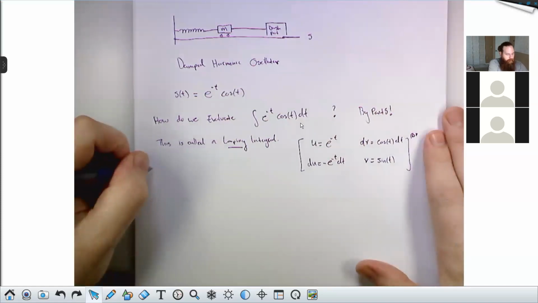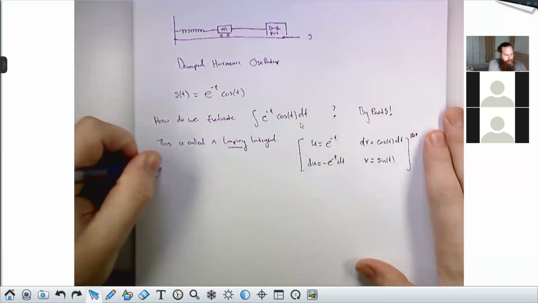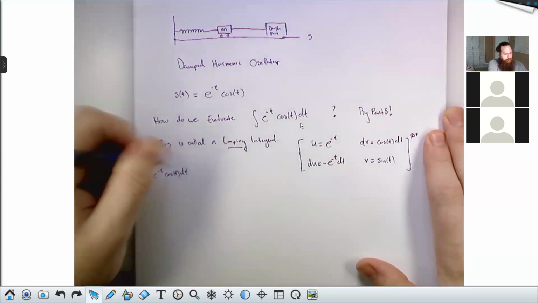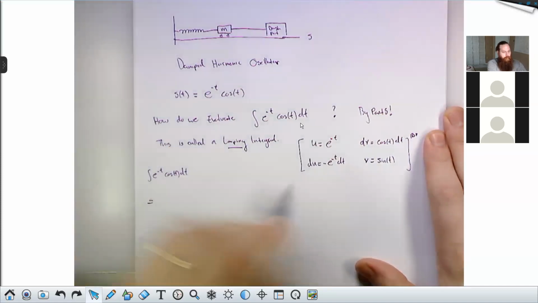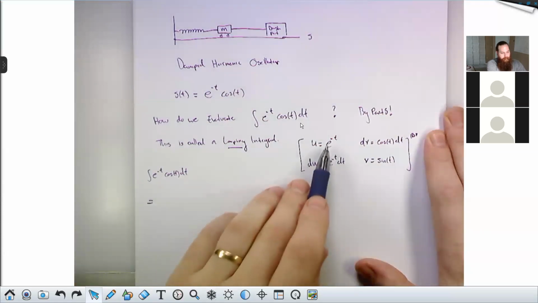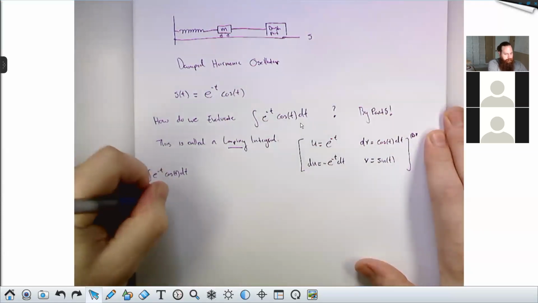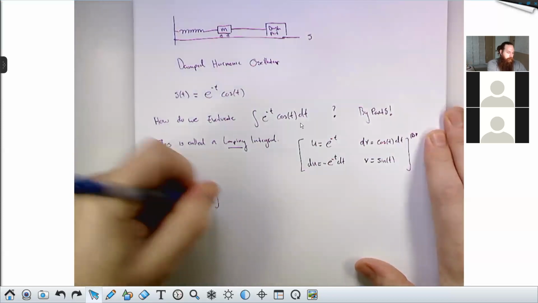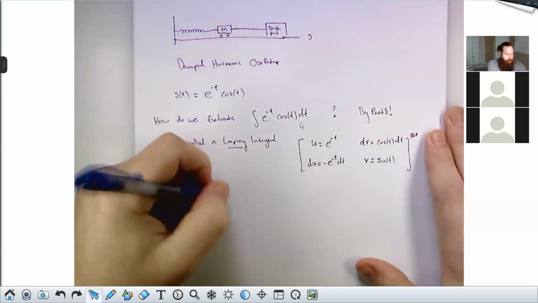So this tells me that the integral of e to the negative t cos t is equal to u times v, that's e to the negative t times sine t, minus the integral of v du.